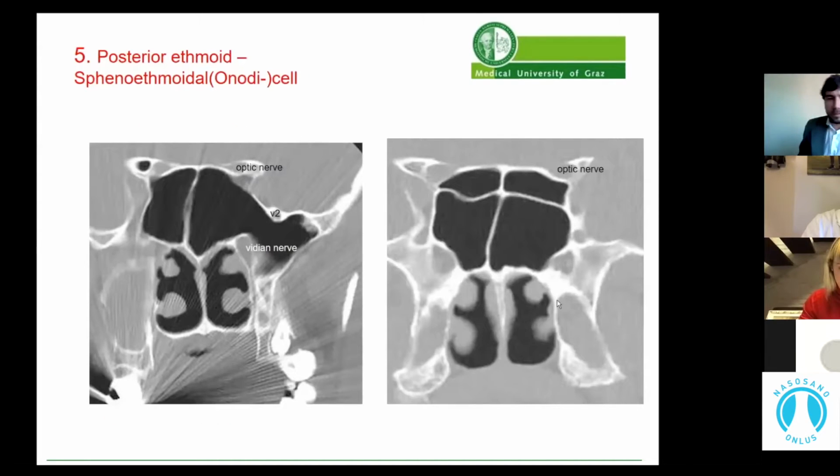Posterior ethmoid, of course, or Onodi cells, sphenoethmoidal cells, posterior sphenoethmoidal cells or Onodi cells, optic nerve, V2, median nerve. Here we can also nicely evaluate the lateral extension of the lateral recess of the sphenoid sinus.